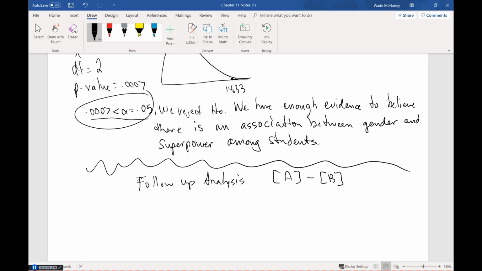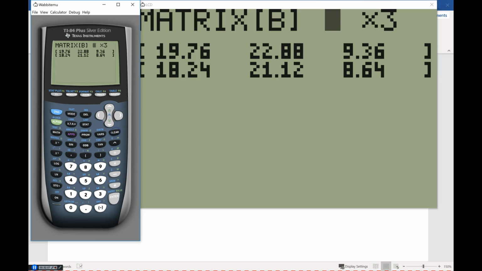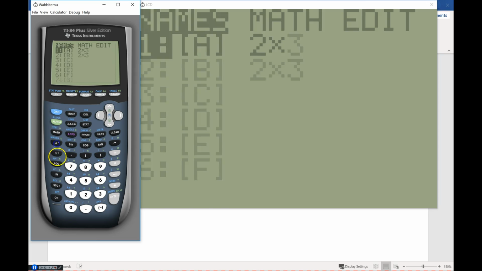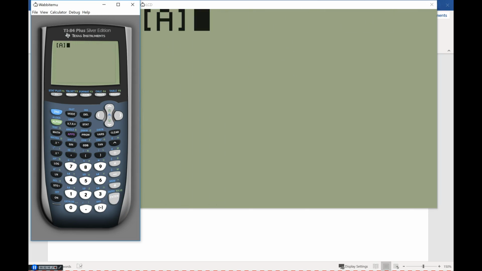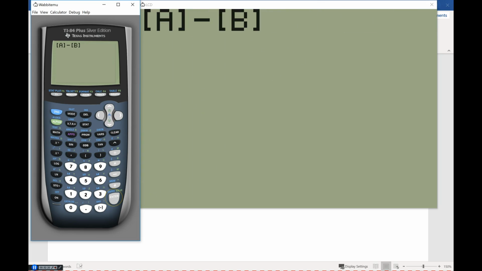Matrix A minus matrix B. Observed minus expected. So on the calculator, we're going to go back to our main screen. We're going to go into matrix A minus matrix B. Second matrix A minus second matrix B, and hit enter.